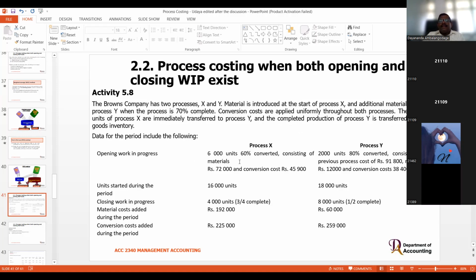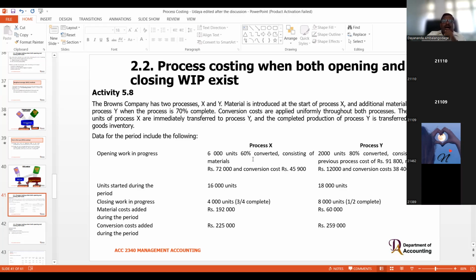consisting of material 72,000 and conversion cost of 45,900. Closing WIP 2,000 units, 80% converted, consisting of previous process cost 91,000, material 2,000, and conversion cost 38,400.